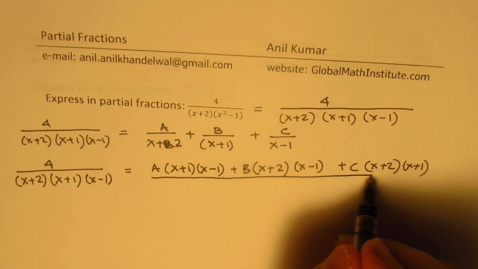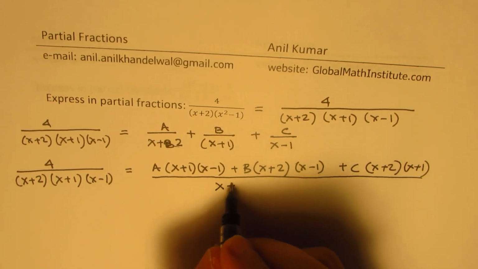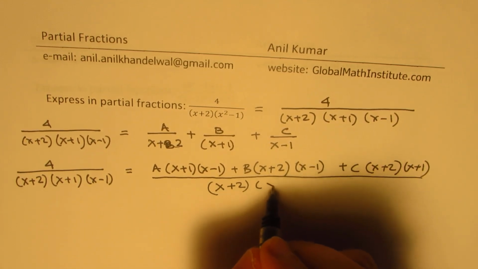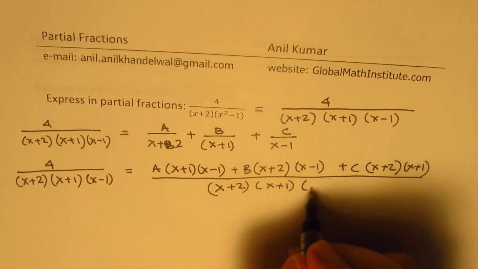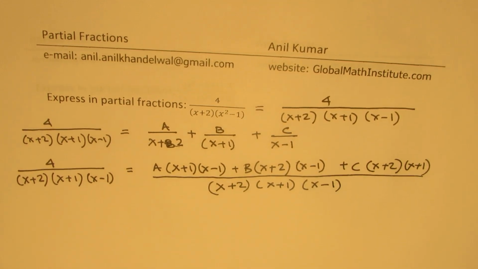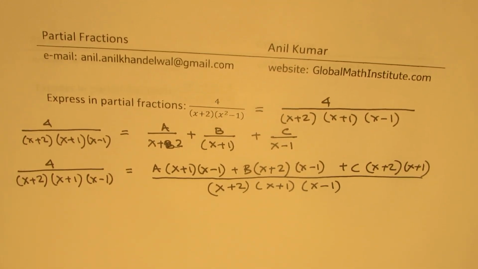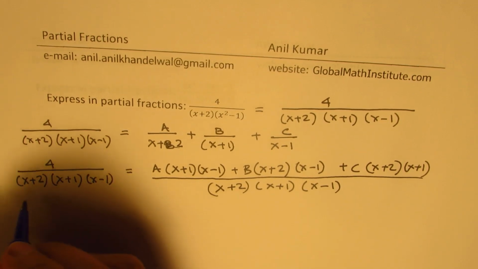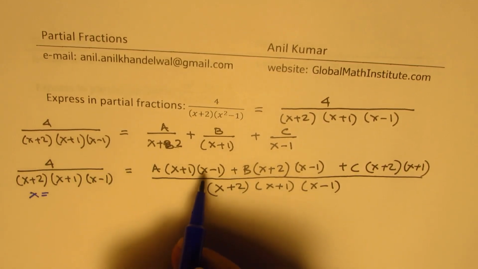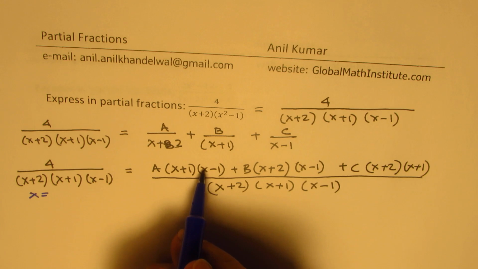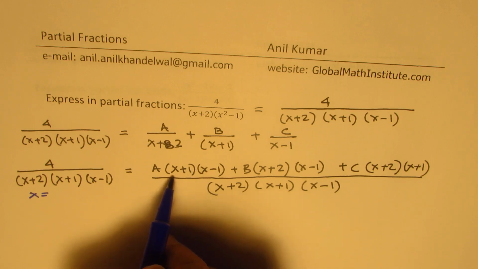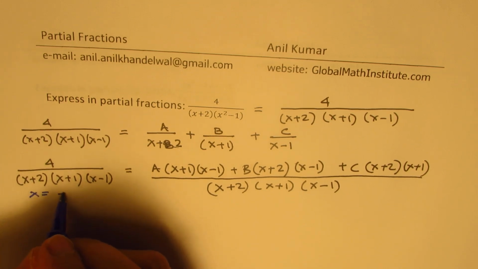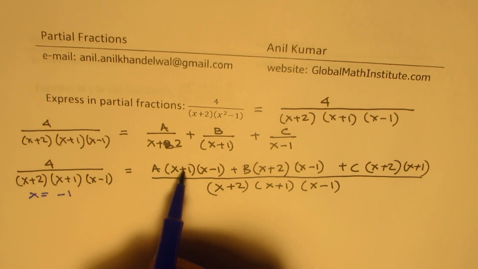Divided by x plus 2 times x plus 1 times x minus 1. Now to get our equations, what we are going to do is substitute x equals, let us say, we want to make this 0, right? So we'll substitute x as, let's say, minus 1. So when I substitute x as minus 1, that is 0, right?